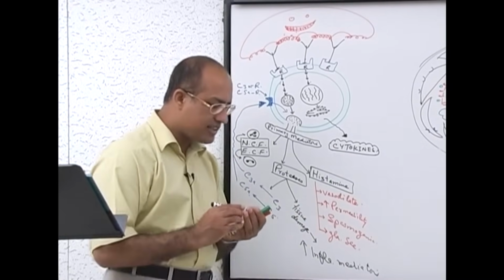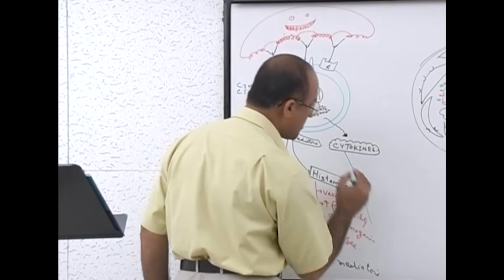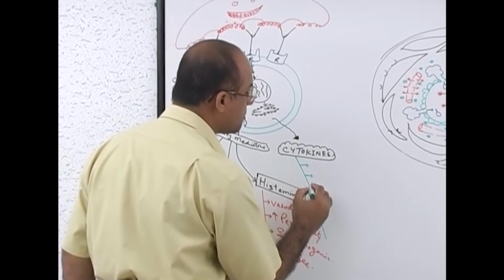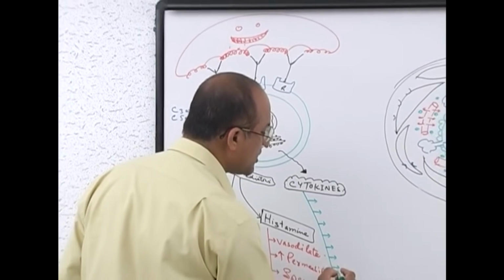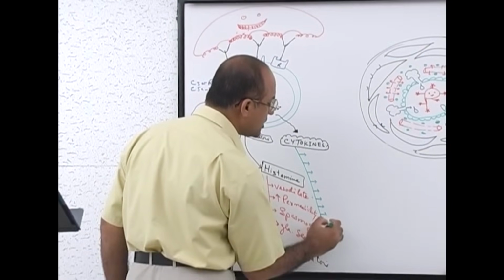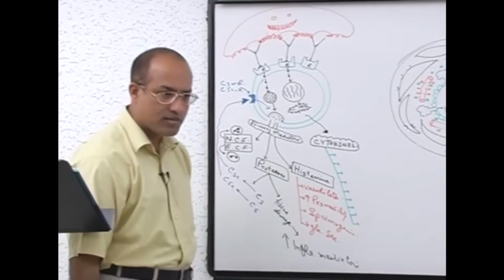Now there are many types of cytokines which are produced by this, but these cytokines are not preformed. Because these cytokines are not preformed, they are not called primary mediators. This group of cytokines are called secondary mediators.